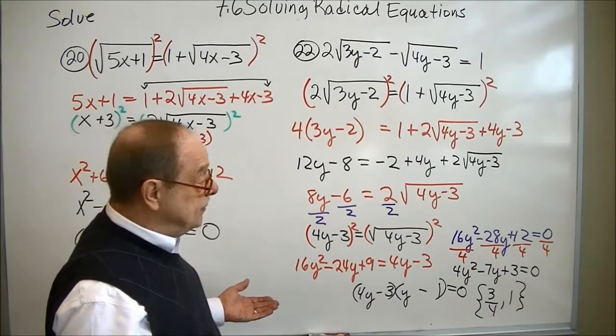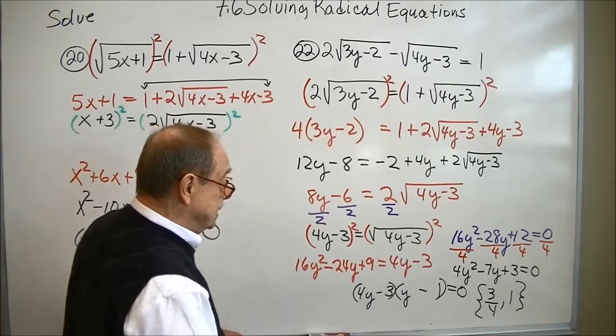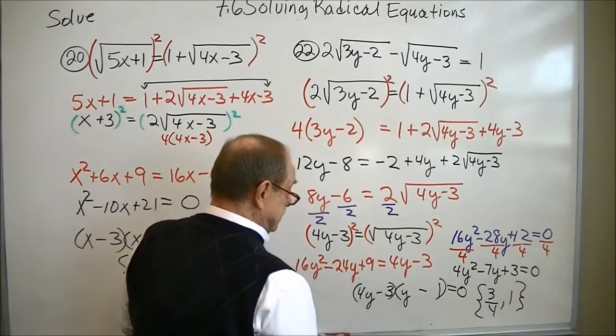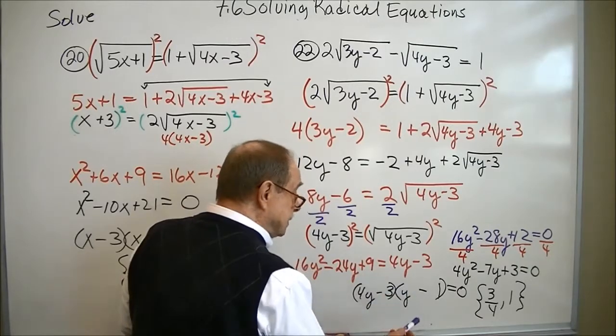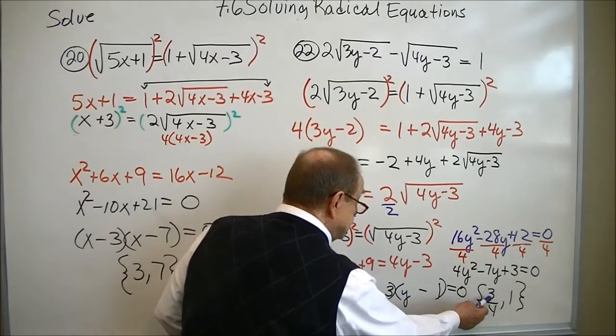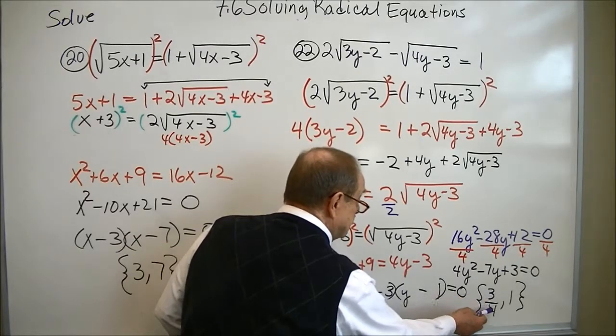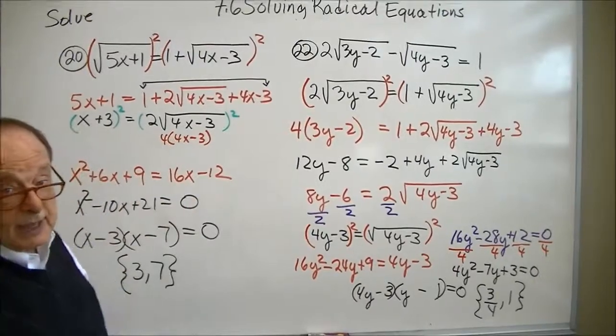The only way we can solve that quadratic equation is by factoring. So here are the factors. And then I equated each of these factors to 0, and I get y is 3/4, y is a +1. And that was the answer.